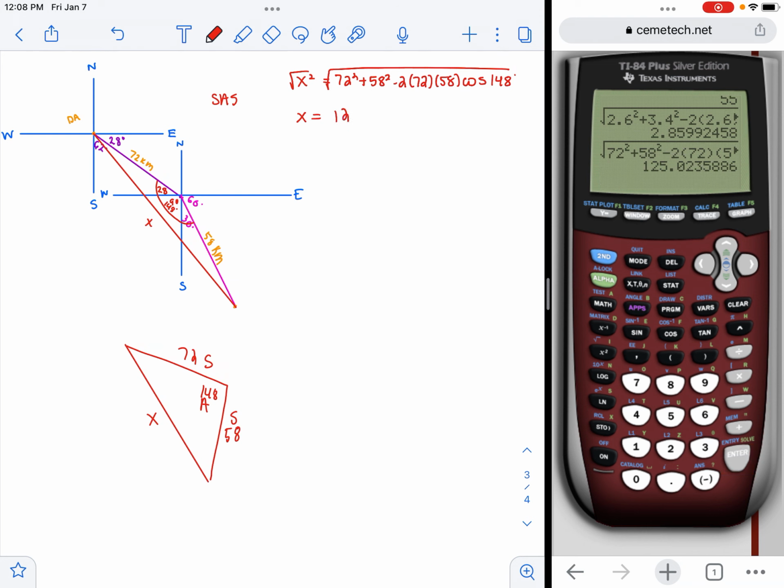Hit enter. And I have x equals 125 point, and for distances I wanted 2 decimal places, so 0 2 kilometers. So this right here is my distance. My distance they need to search is 125.02 kilometers. There's one of my answers.